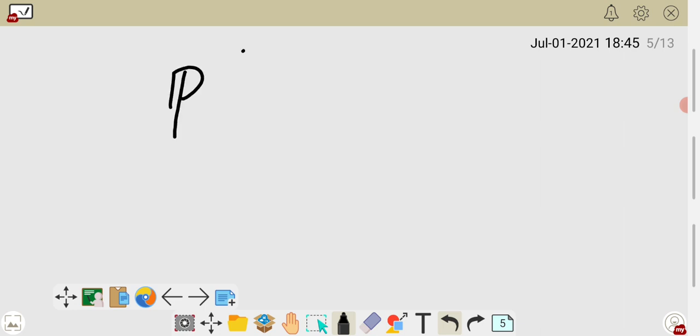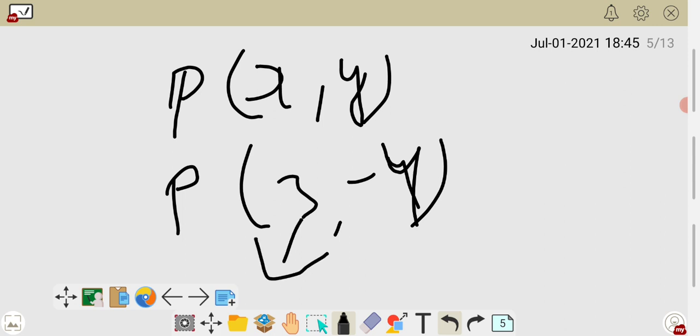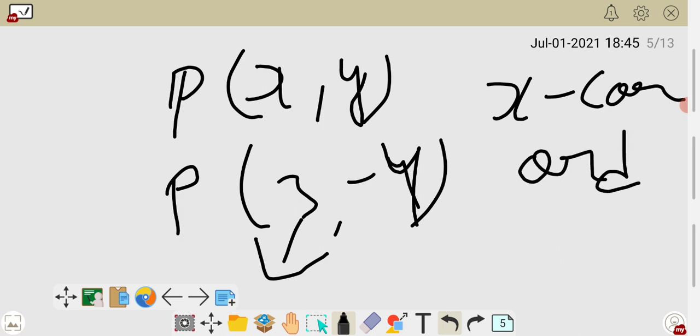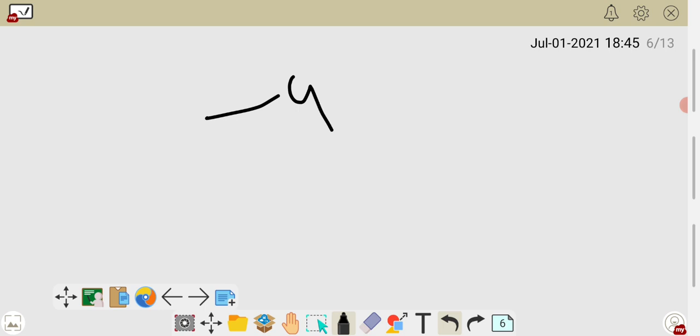If you write a point in the form of P(x, y), I take one example. Suppose 3 comma minus 4. This first value 3 is known as the x coordinate, or abscissa. And minus 4 is the y coordinate, or you can say ordinate.